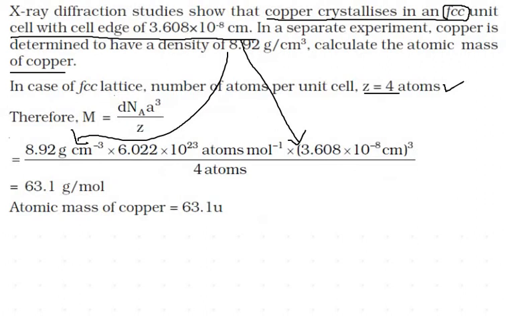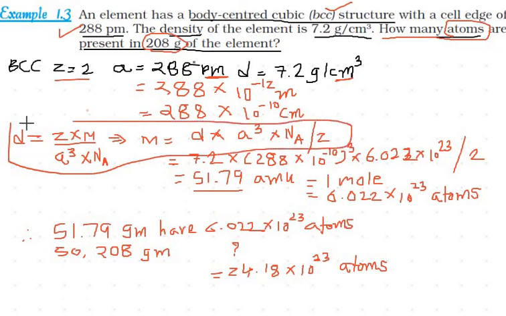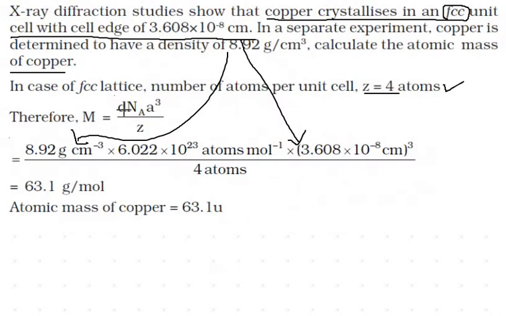So just like the previous example, I have been given Z, a and D. So by using this same formula, it will become M is equal to D into a cube into NA divided by Z. So it is D into NA into a cube divided by Z.